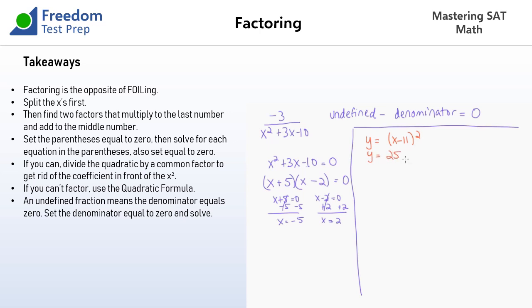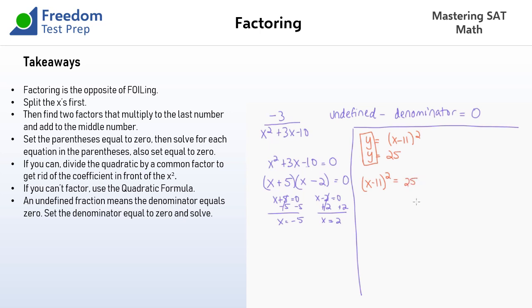These both show up in a problem. Now, it doesn't matter. There could be a word problem. There could be a problem that says anything. But if it includes these 2 elements, if we have 2 things equal to y, you can set them equal to each other. So we've got (x minus 11) squared equals 25.